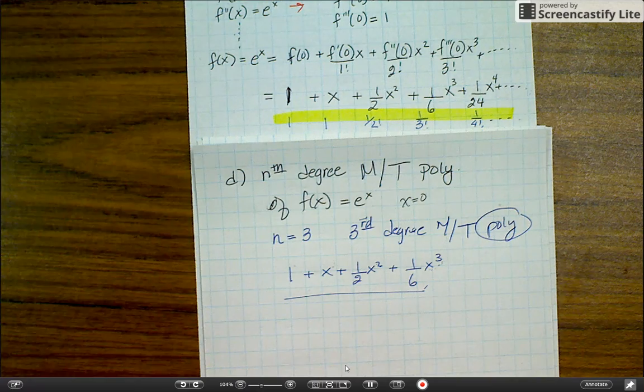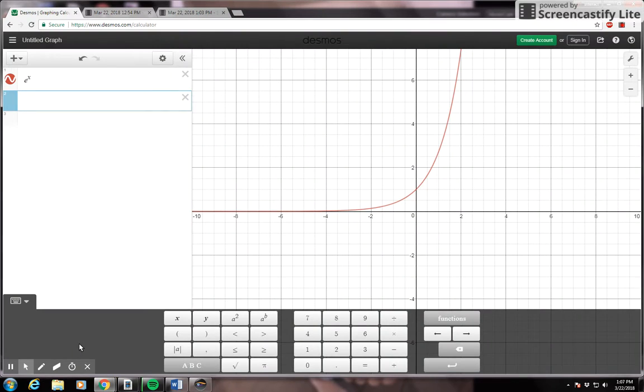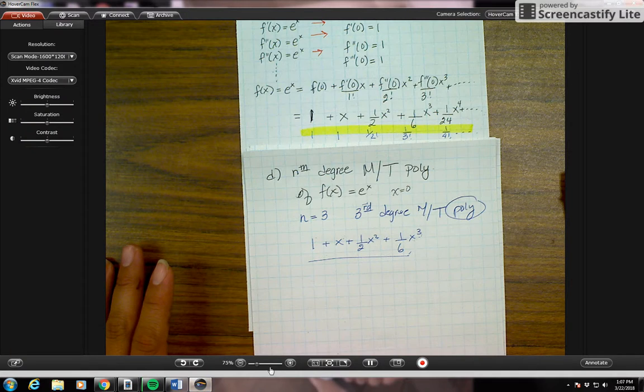Okay? Now, how can we use this? If we look at this graph of e to the x, if I do the first degree Taylor expansion at x equal to 0 of e to the x, the first degree is just 1 plus x. And this looks exactly like the tangent line at x equal to 0. Why is that?